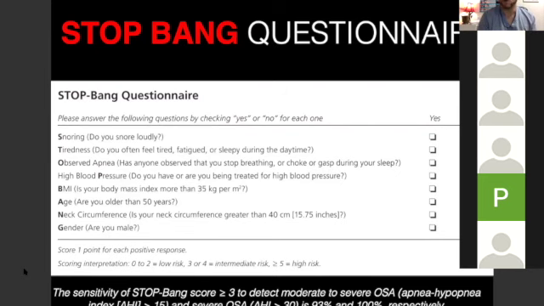So this questionnaire is very sensitive. How specific it is, does a positive mean you have sleep apnea? Depends on which ones are positive, but the positive predictive value increases as more of them are positive. And again, a screening tool is meant for you to get the follow-up test, which would be a sleep study.